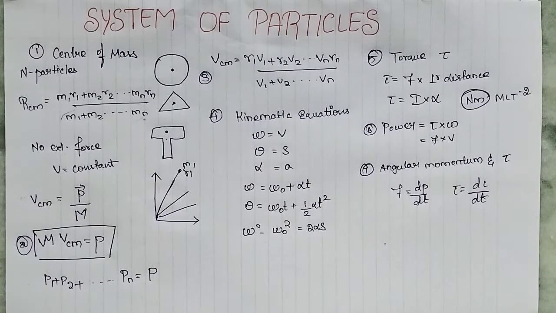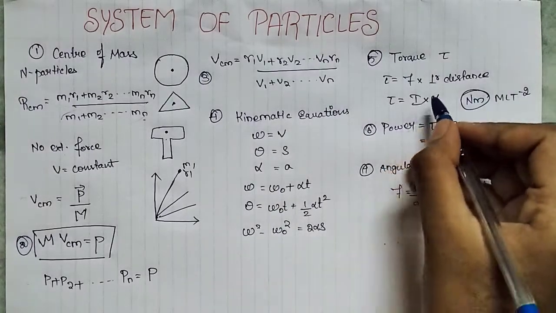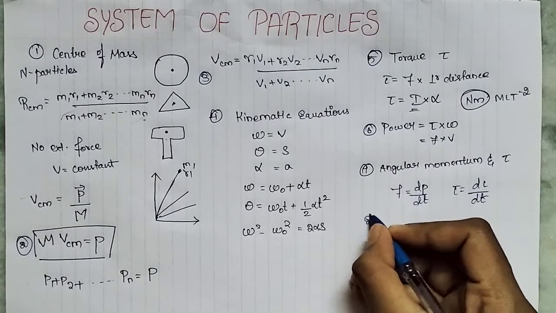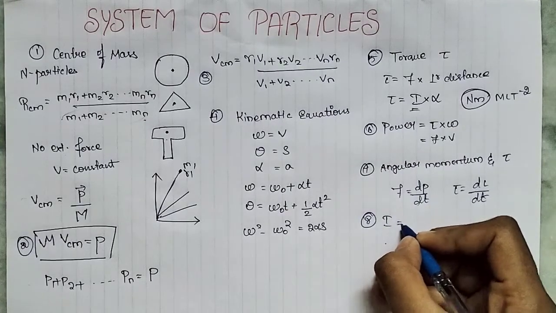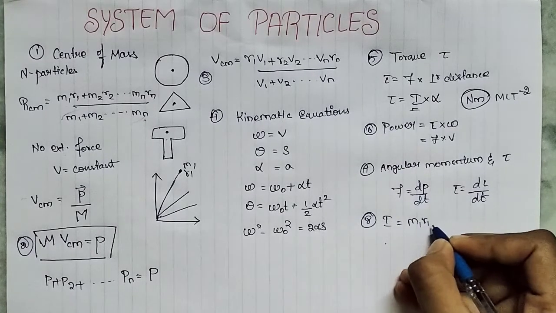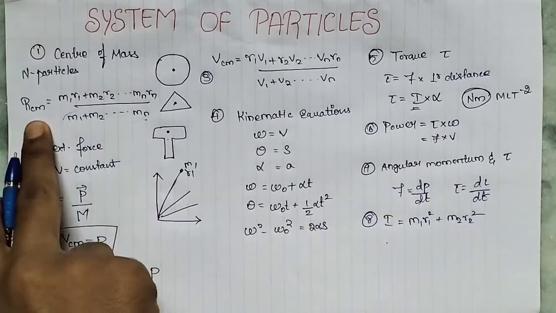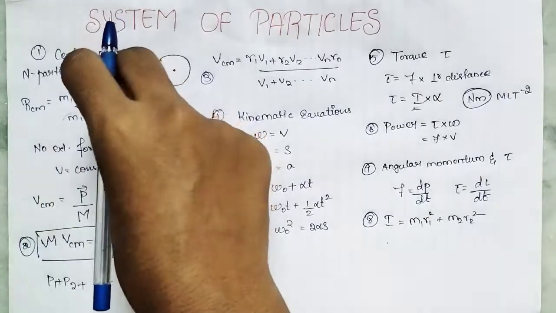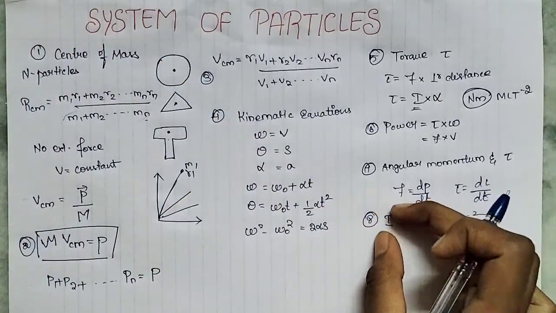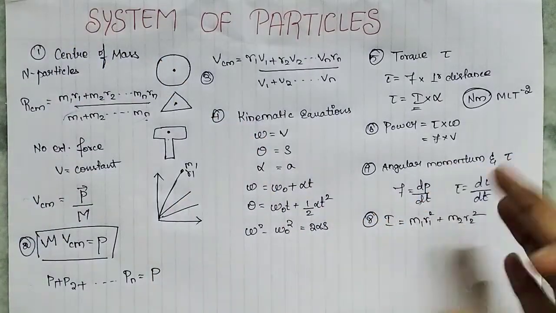It's also applicable to the conservation of angular momentum, the same way as linear momentum. And I told you about moment of inertia, correct? Moment of inertia is m1 r1 squared plus m2 r2 squared, and so on till mn rn squared.